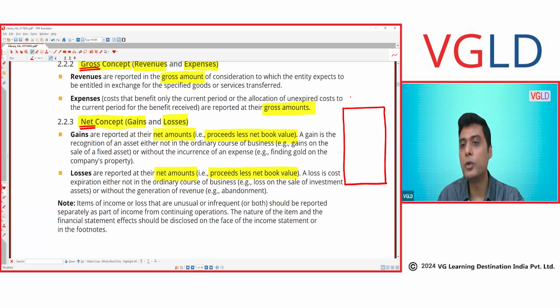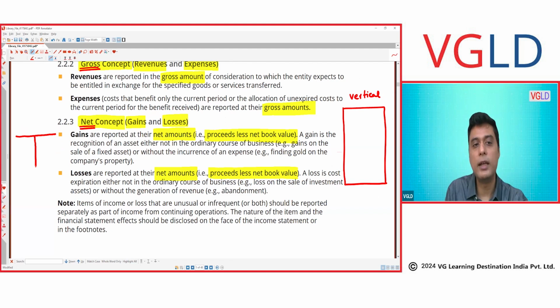Of course, I'm showing you the vertical form. So I hope you understand the difference between vertical and horizontal. This on the left that I'm making like a T account, the shape of the letter T, is the horizontal format. This is the horizontal format where you have revenues and expenses side by side.